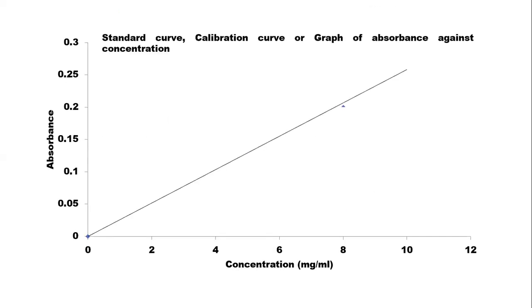After that, you are going to plot the calibration curve or standard curve, which is a graph of absorbance against concentration. You plot your absorbance on the x-axis and concentration on the y-axis. You are expected to see a straight line which will pass through the origin, something like this. So that's the first phase.